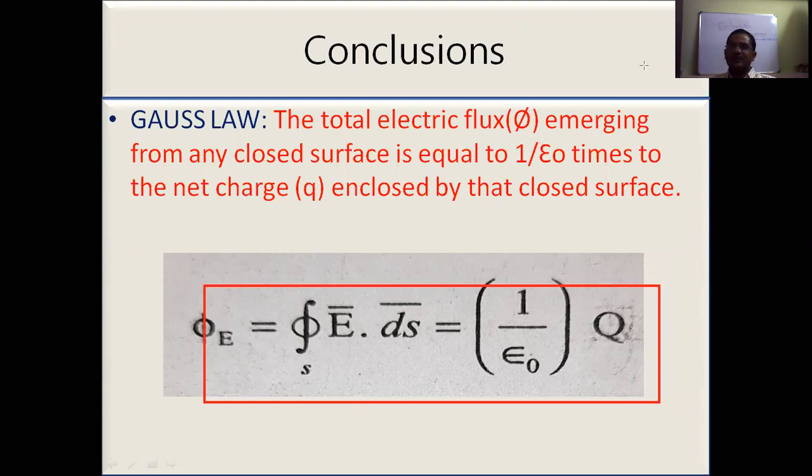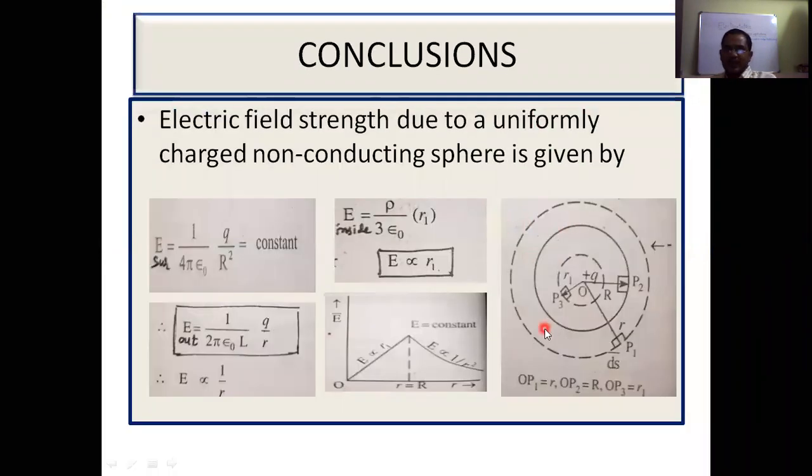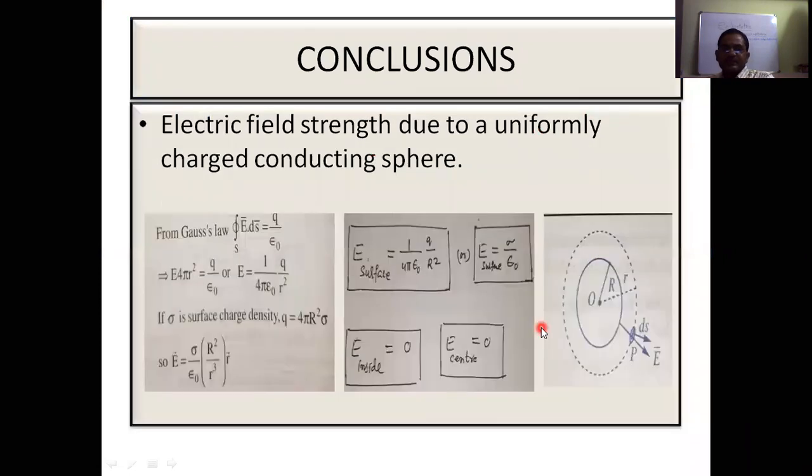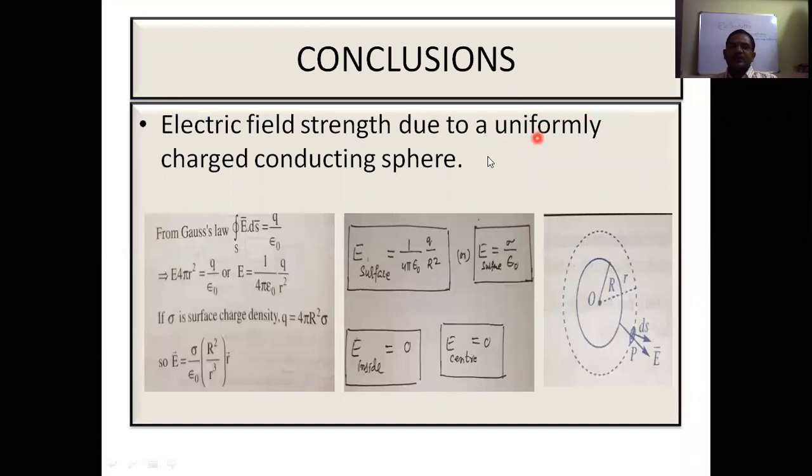After that, we discussed the electric field strength due to a uniformly charged conducting sphere. In this case, we should remember that charge will be distributed only on the surface.